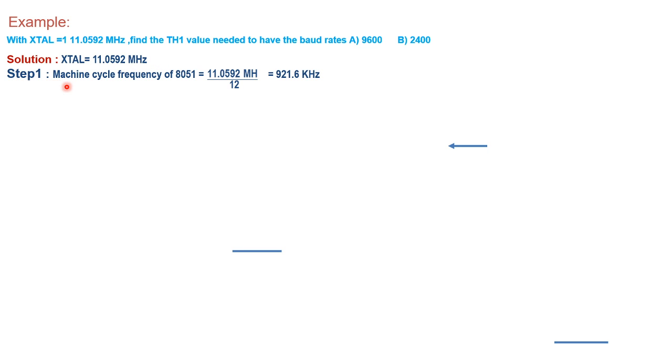In the first step, the machine cycle frequency of the 8051 is determined, that is the crystal frequency divided by 12, so that will be 921.6 kilohertz.